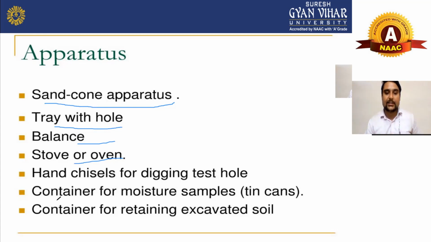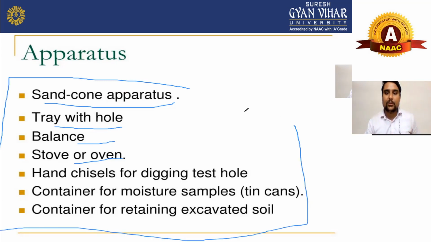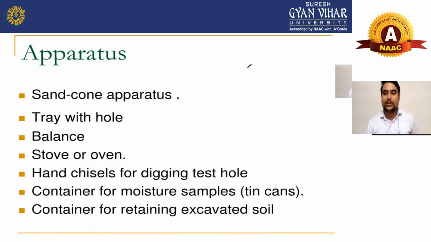A container for the moisture sample, it may be tin cans, and a container for retaining excavated soil. These are the equipment you need to keep during your test, and these are very important apparatus which are used in almost all tests of geotechnical engineering.